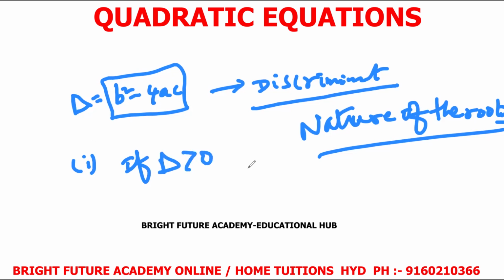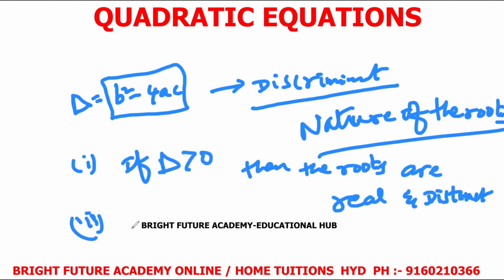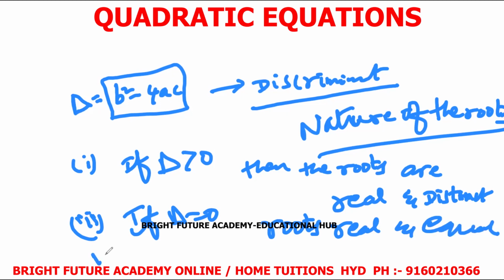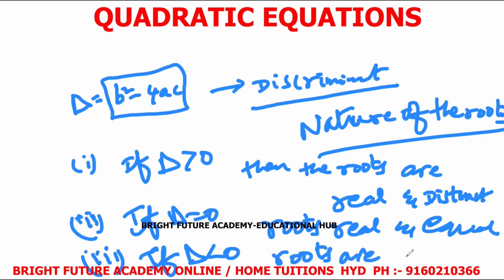If delta is equal to 0, roots are real and equal. Third one, delta is less than 0: conjugate complex numbers. Roots are imaginary, not equal.